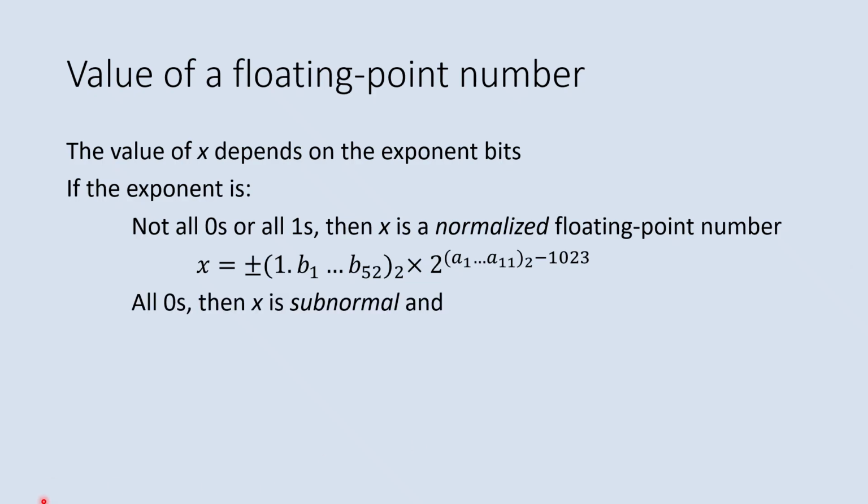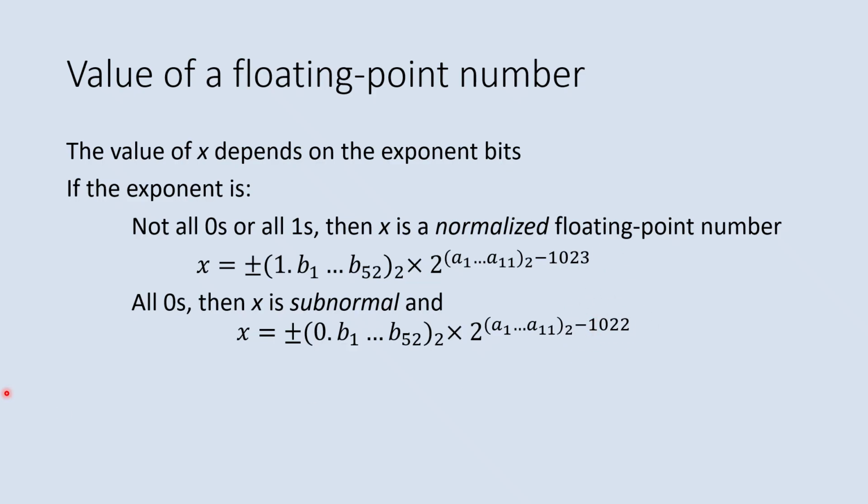If the exponent is all zeros, then the number x is a subnormal floating point number. It's not a normalized number. In that case, the part to the left of the binary point is the 0 here. The b's are still in the same position. The a's are still in the same position. There is a difference: rather than subtracting 1,023, 1,022 is subtracted.